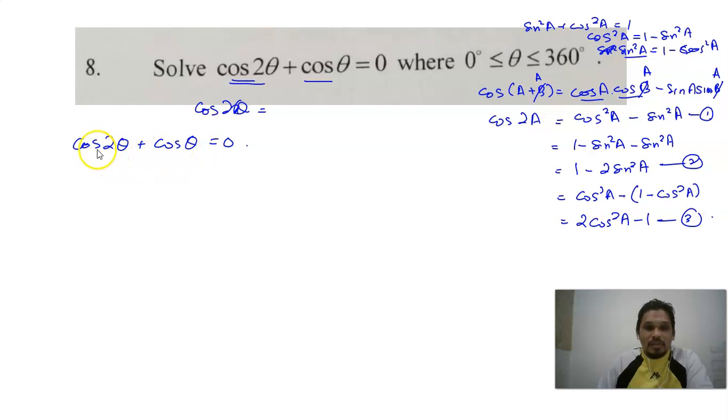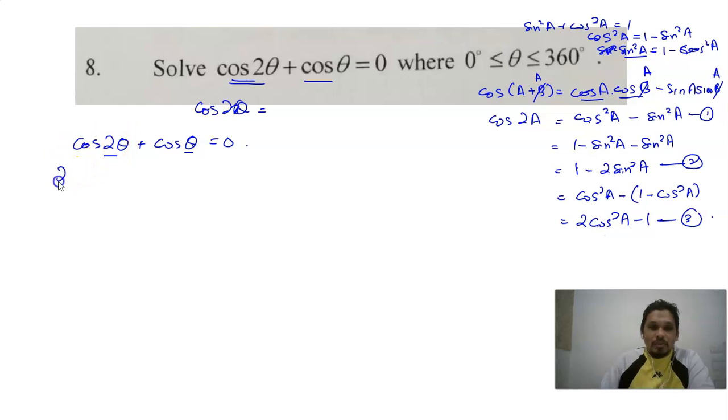So right now we got cos 2 theta and cos theta, different angles, so we cannot simply factorize and do something else. Then we need to come up with this cos 2 theta. If I choose this, because cos 2A here, we got cos and sine. Okay, not suitable. 1 minus 2 sine square, where we got sine and also cos. So let's choose this one here.